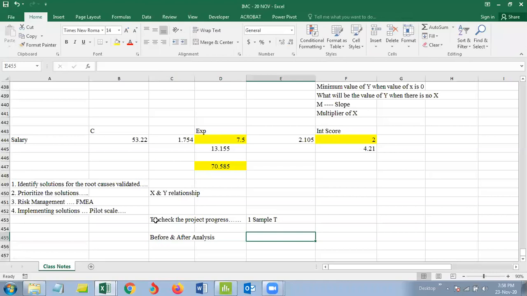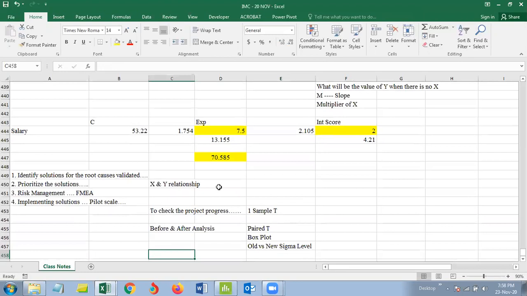In before and after analysis, you use a paired t-test, you use a box plot, and you use old versus new sigma level.